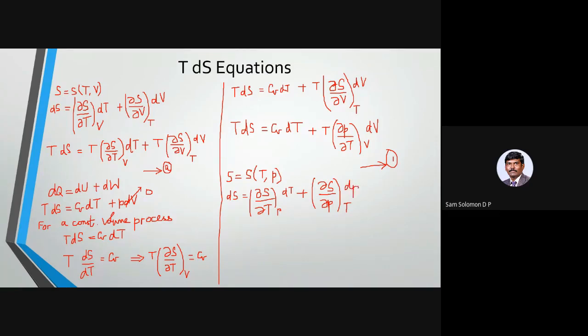Okay, and just like we wrote here, you can multiply with T everywhere.